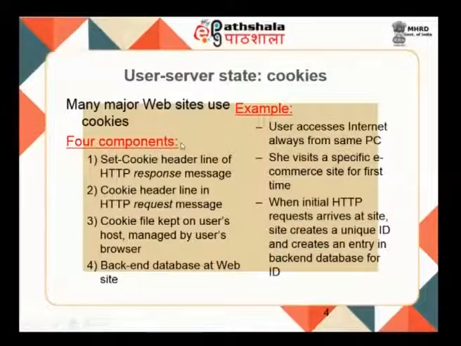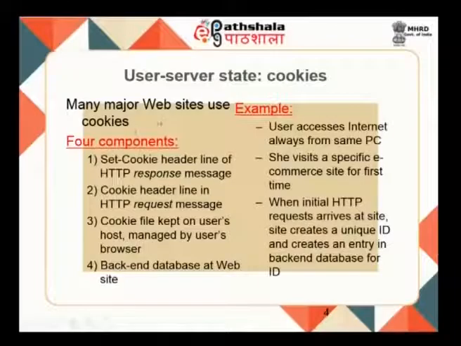In order to provide some mechanism by which state can be maintained, a mechanism called cookies is employed, and the HTTP protocol has certain additional header lines which are used to support this idea of cookies. So, what exactly is a cookie? It is a small file which is maintained on the client side. Most of the major websites today use cookies, and it is accomplished with the help of 4 components.